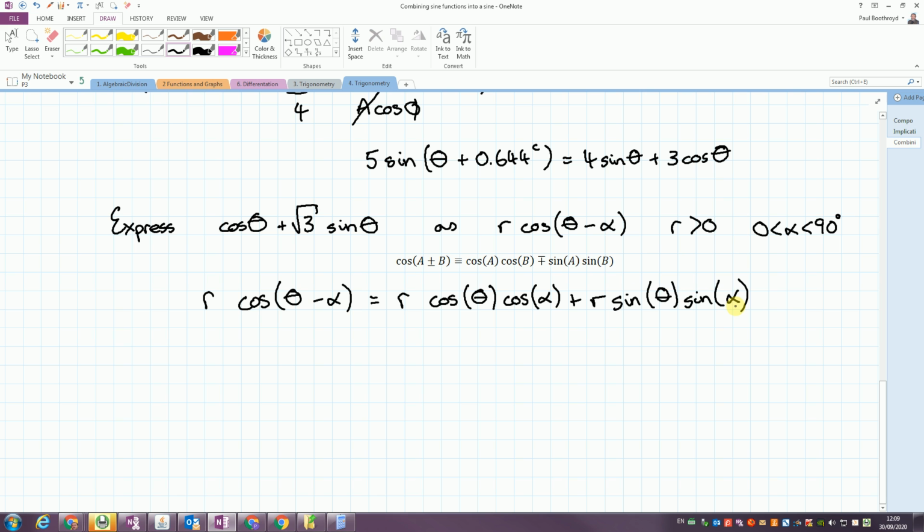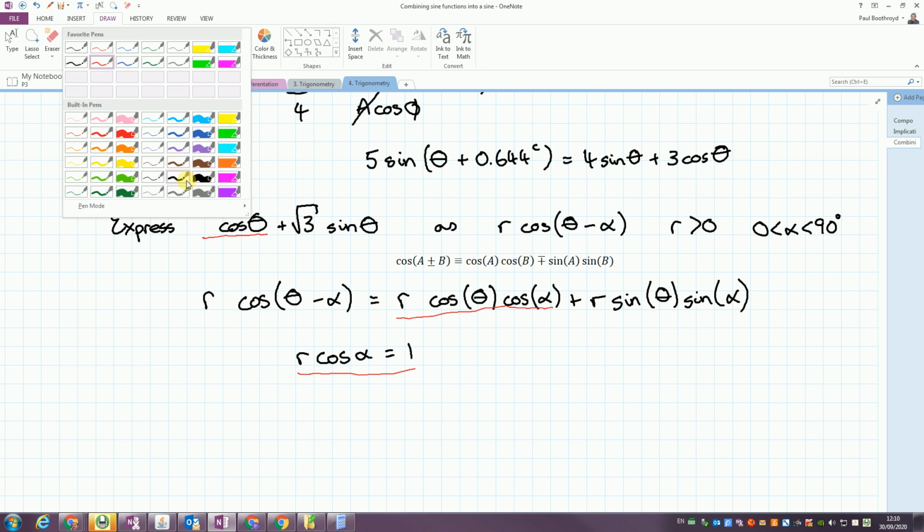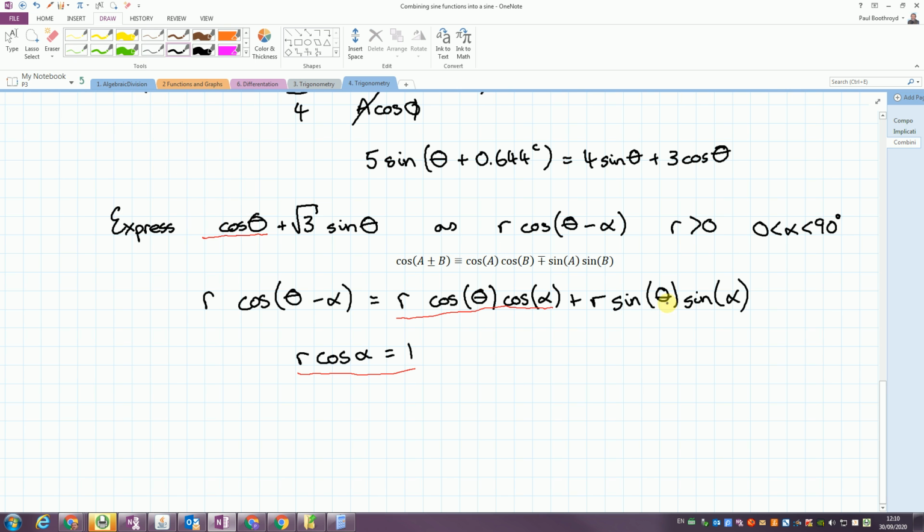And we do the same matching we did before. So my cos theta is here. The coefficient of cos theta is 1, so r cos alpha must equal 1. I'll colour that again. So the coefficient here is the red one, which is this equation, which gives me this conclusion. And if I go to the next one, I've got r sine theta sine alpha.